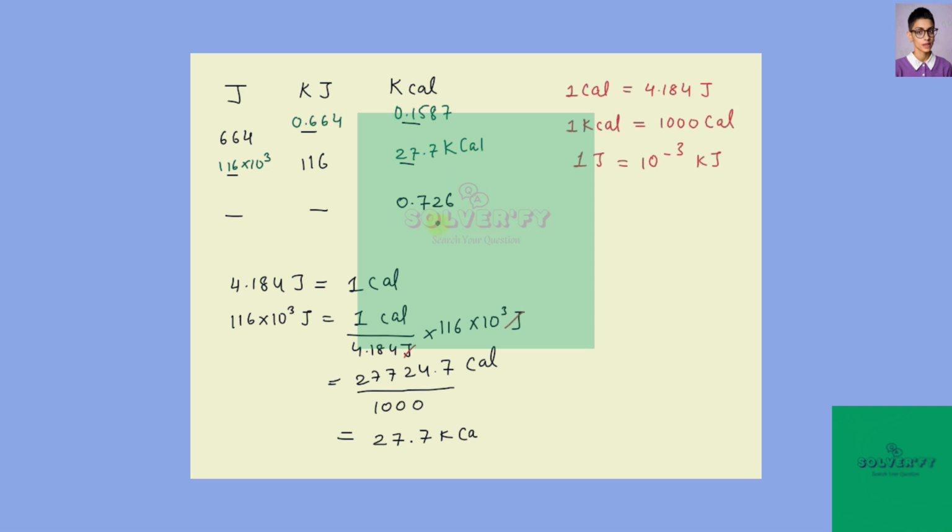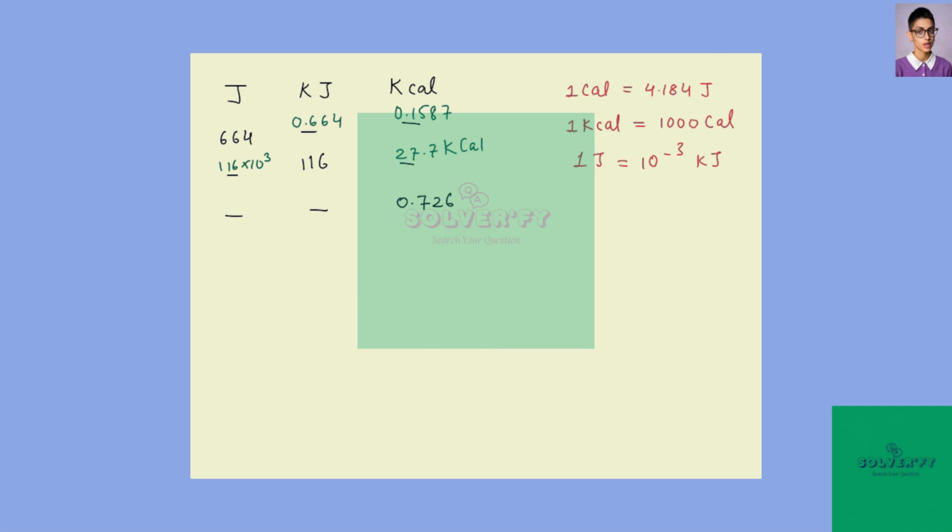Now, in the last row, we are having 0.726 kilocalories. We can say that 0.726 kilocalories is equal to 0.726 into 1000 calories. That will give the value 726 calories. And we know that 1 calorie is equal to 4.184 joule.